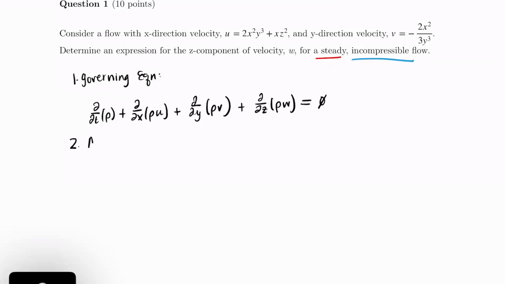The next thing we're going to do is write our assumptions, which were already given to us in the problem. So we have steady, incompressible. And then I'm going to simplify my equation using that. So since it's incompressible, density comes out of all these derivatives, and then we can divide through by it.